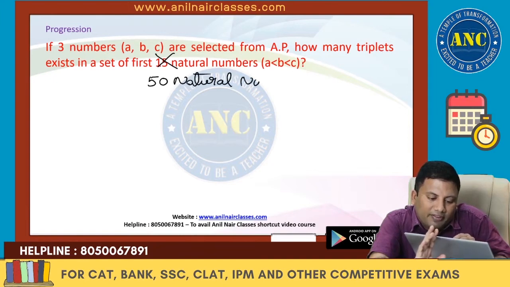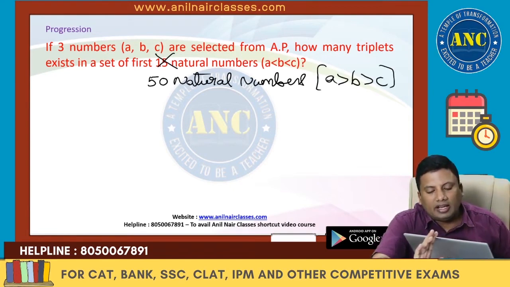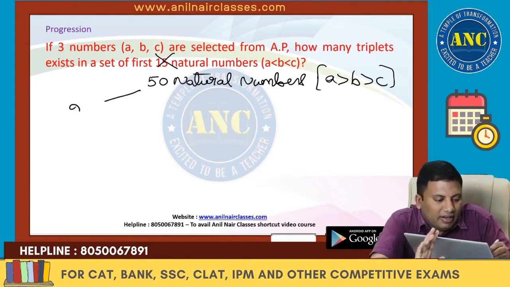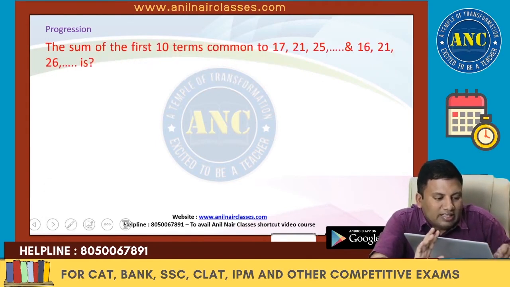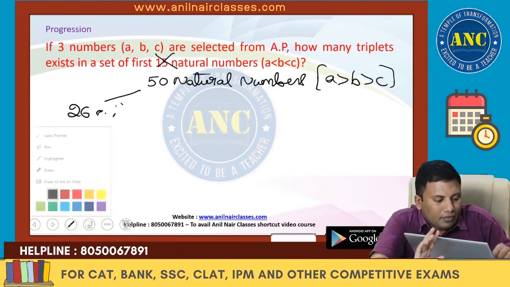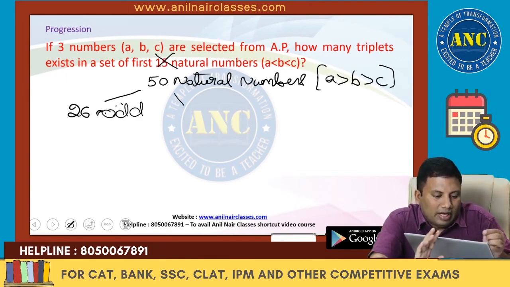If I take 50 natural numbers and if I take the case a greater than b greater than c, there are 26 odd numbers, and so here it is 50.